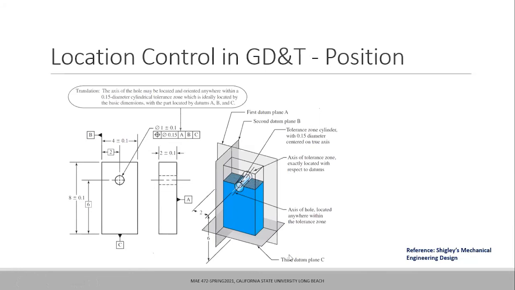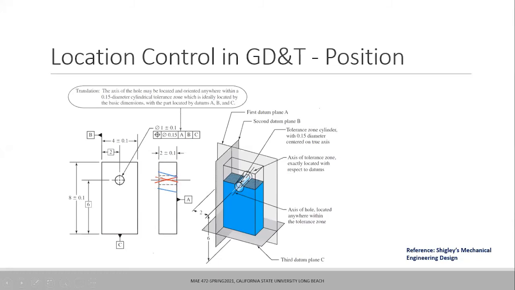So if I use my annotations as you just showed me again, the axis can lie like this, or the axis can lie like this, as long as it remains within the cylindrical tolerance of 0.15 millimeter as shown here. Okay, sounds good. Axis need not be perpendicular. So my hole in that case would, in exaggerated form, look like this if my axis is like that.